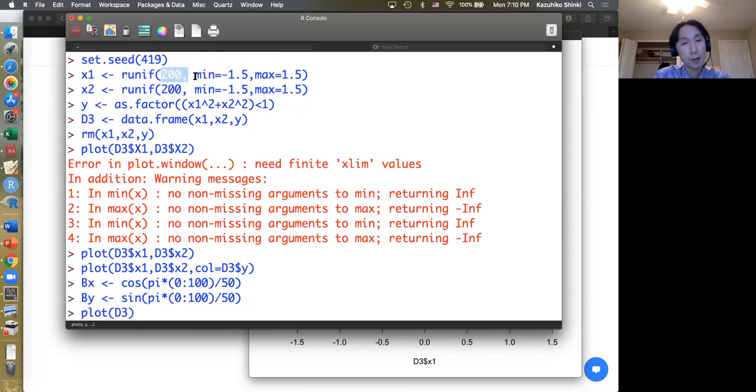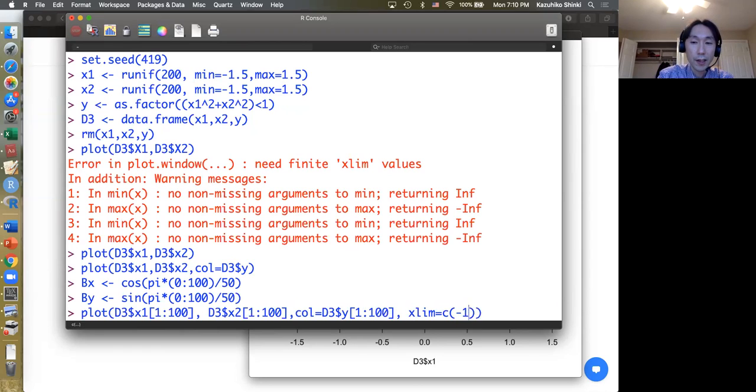So we use the first 100 observations as the training set and the last 100 as the test set. So the D3 x1 and the D3 x2, and the color is y, D3 y.